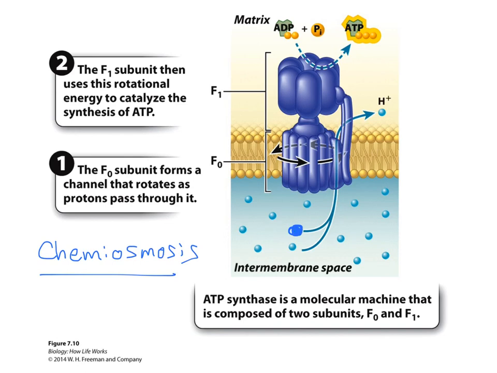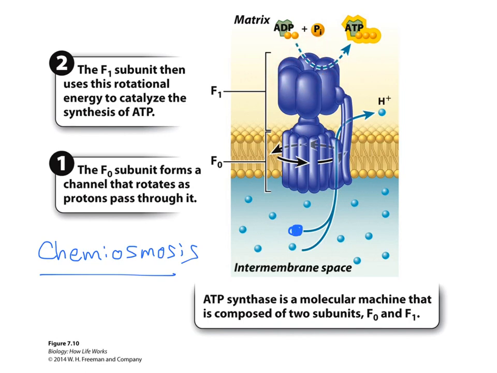That causes this to spin, so they take a ride all the way around and then they come off. As they push through here, this thing is going to spin around. Now, that causes the F1 unit to spin as well.